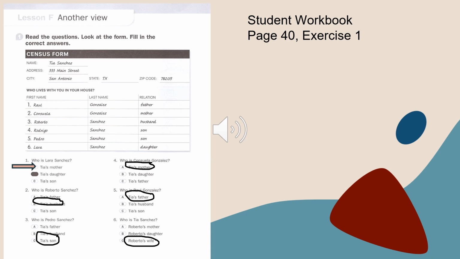Consuela, she is who? Who is Consuela? The mother. And Raul, he's what? Who is Raul? Raul is her father. And who is she? She is Roberto's wife.